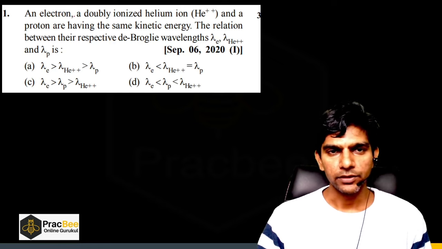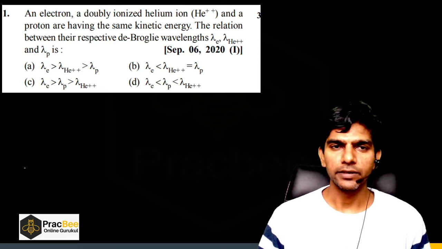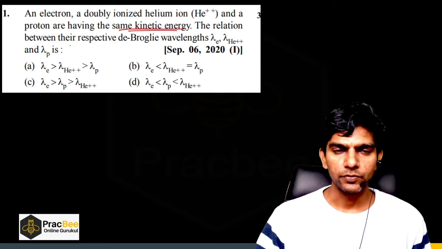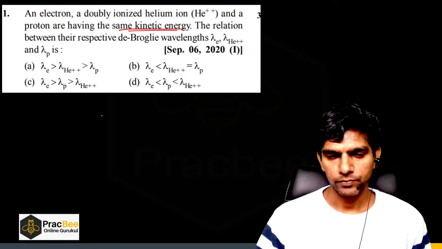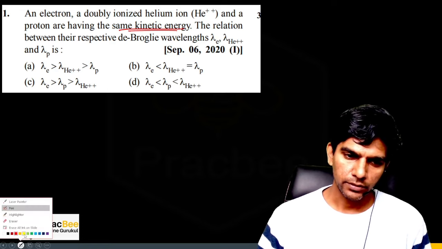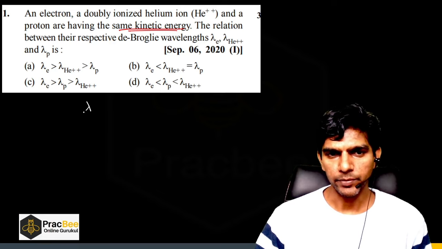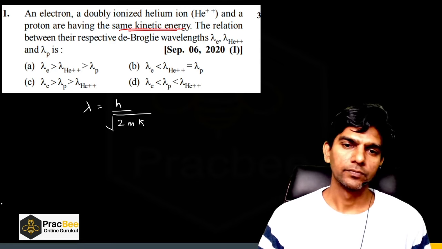So, okay. An electron, a doubly ionized helium ion and a proton are having same kinetic energy. So here they are saying same kinetic energy. What is the relation between their respective De-Broglie wavelengths? Okay. So we have to compare the wavelength of these charged particles. So lambda in terms of kinetic energy can be written as h upon root 2mK.